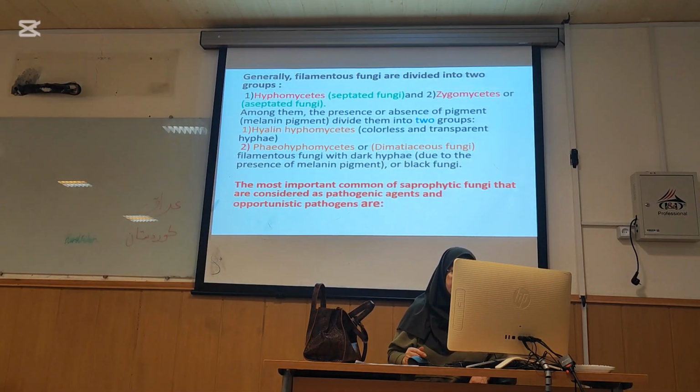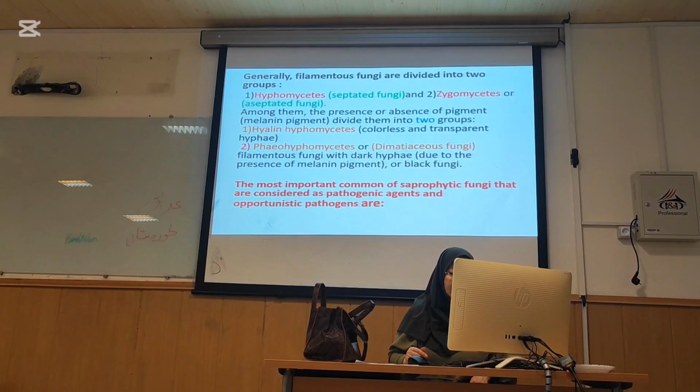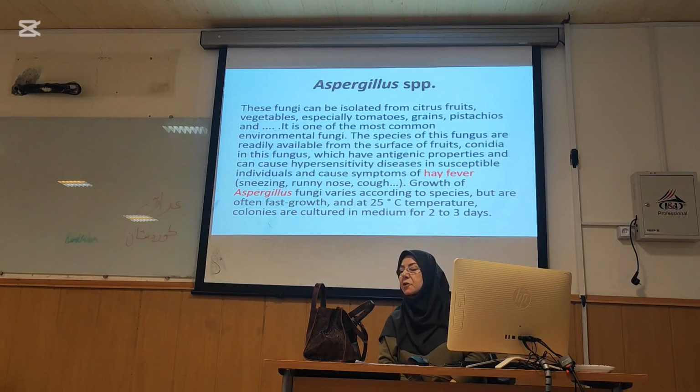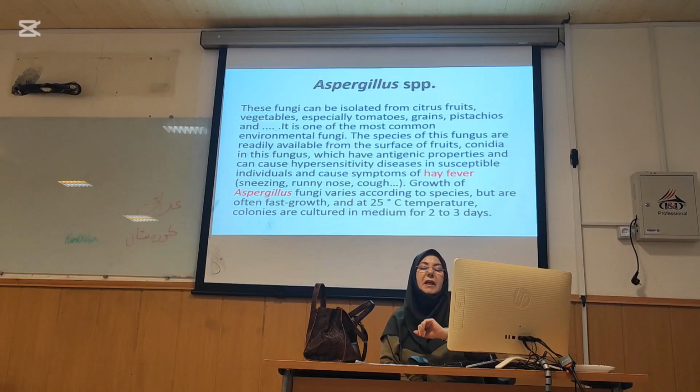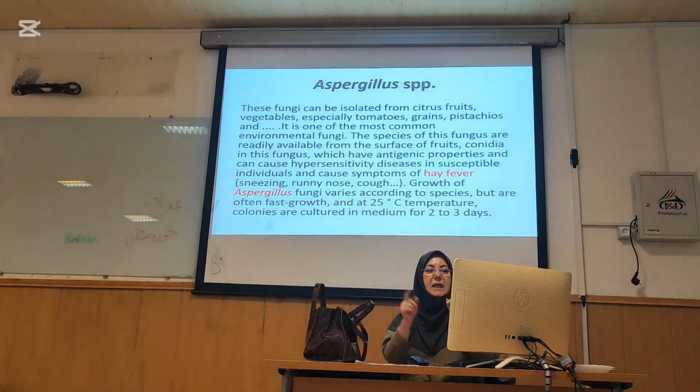The most important saprophytic fungi that are considered pathogenic agents and opportunistic pathogens. I want to tell you about eight agents of saprophytic fungi. The first is Aspergillus.